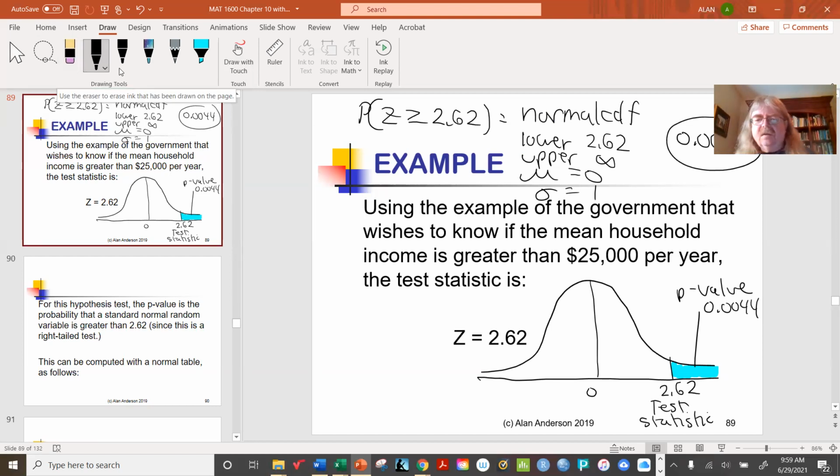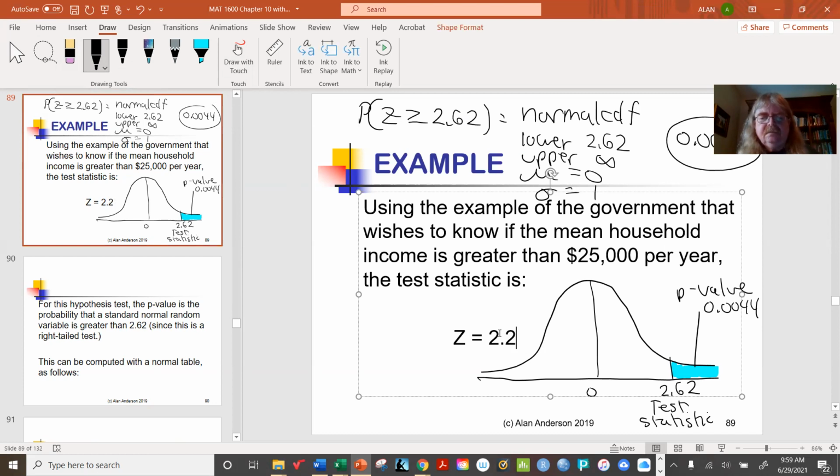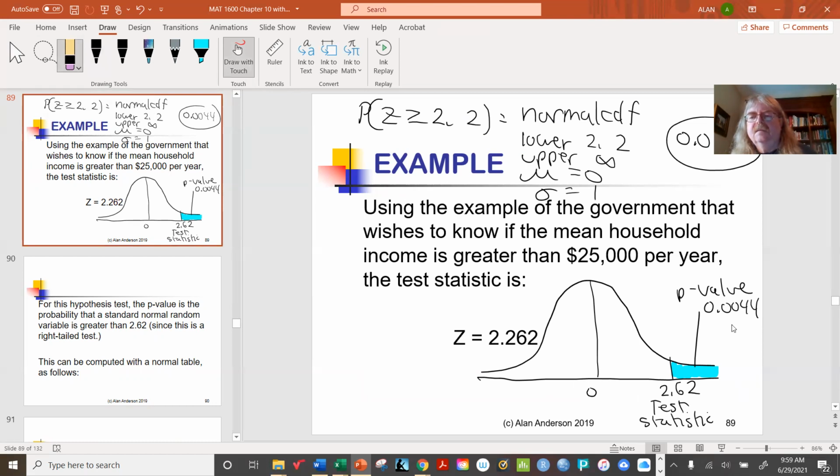All right, so I need to make a little repair here. That's very frustrating. So somehow I made the same mistake twice.